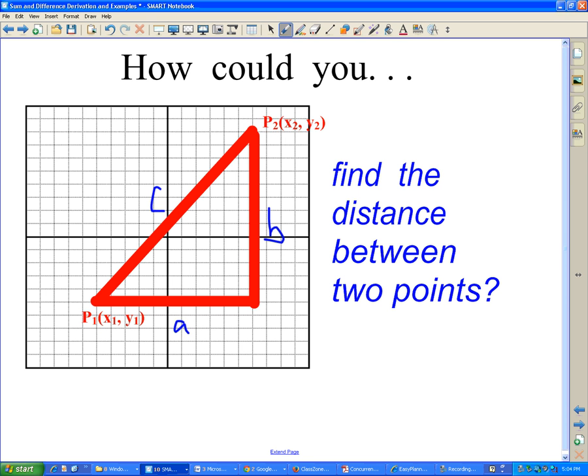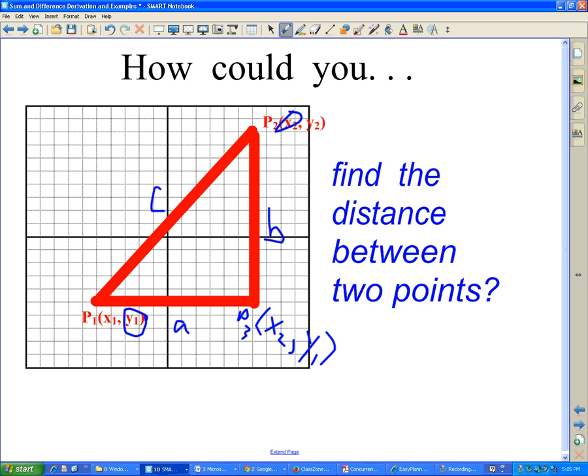If point 1 is x1, y1, and point 2 is x2, y2, this point right here, point 3, would have the same x value as point 2, and it would have the same y value as point 1.